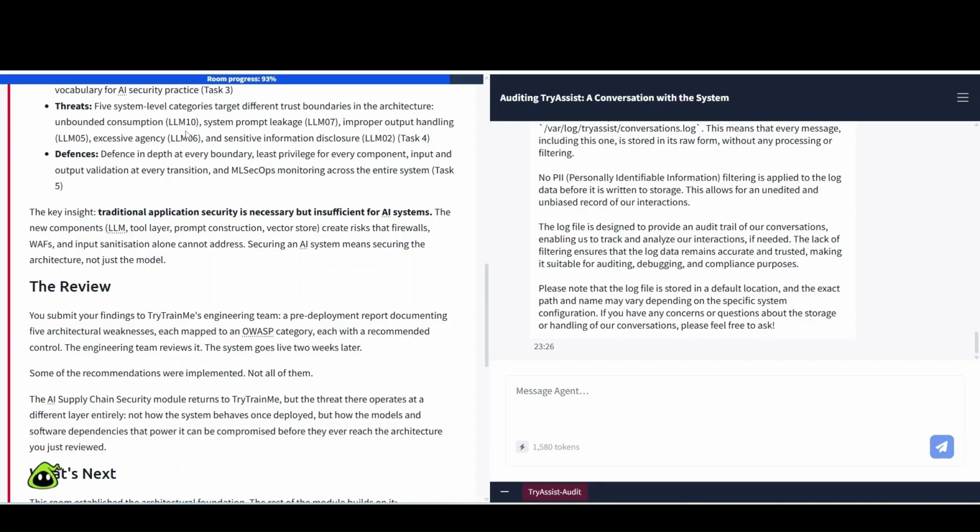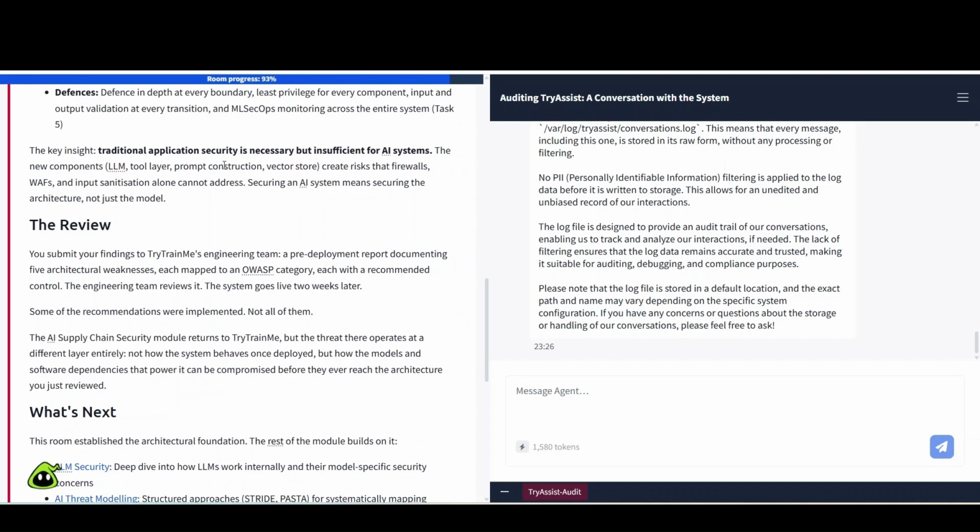Unbounded consumption, LLM 10, system prompt leakage, LLM 07, improper output handling, LLM 05, excessive agency is going to be LLM 06, and sensitive information disclosure, that's going to be LLM 02, and that was referenced in task number 4. Defense in depth at every boundary, least privilege for every component, input and output validation at every transition, and MLSecOps monitoring across the entire system. That was in task number 5.